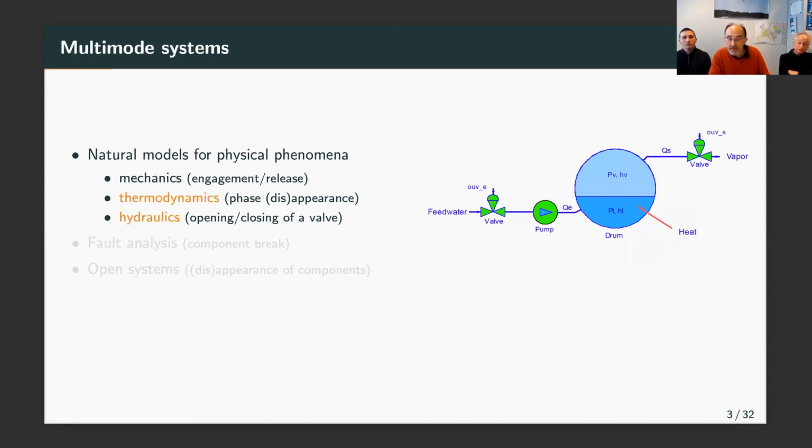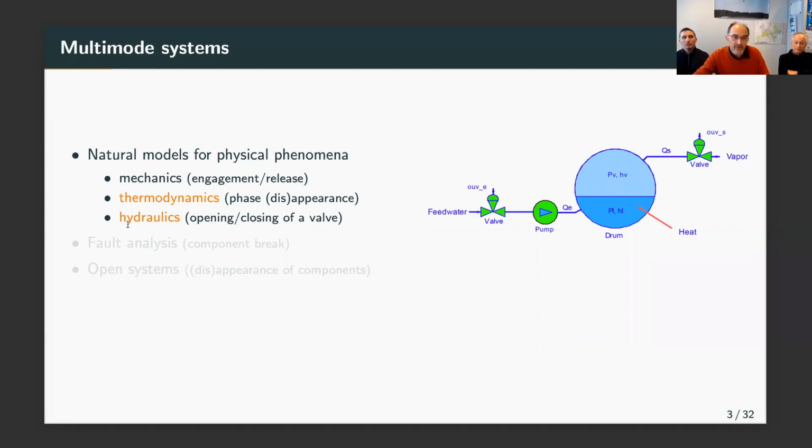But also when you are modeling thermodynamics, and in particular multi-phase thermodynamics. So here you have some kind of a steam drum, and you have here two phases, steam and a liquid. But the mathematical structure of the model completely changes when one of the two phases disappears. And this is really a difficulty when you want to model such thermodynamics.